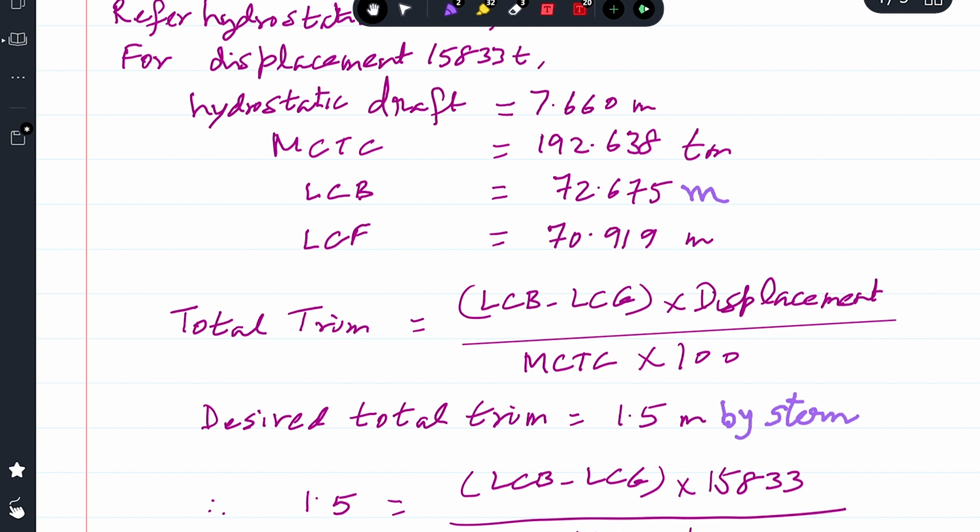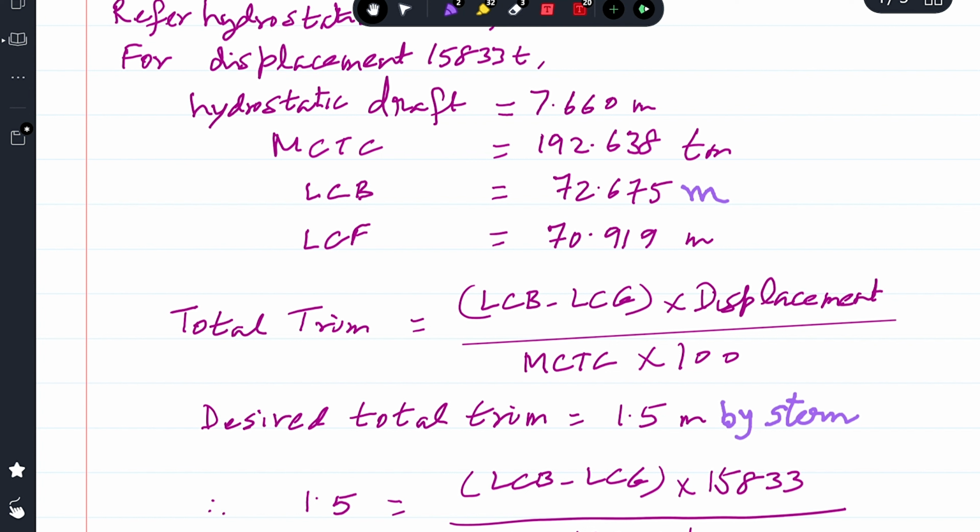As per the question, the vessel should be trimmed 1.5 meters by stern at the time of sailing. So this is a sailing trim. Total trim desired 1.5 meters by stern, so I can insert the total trim here as 1.5 meters.